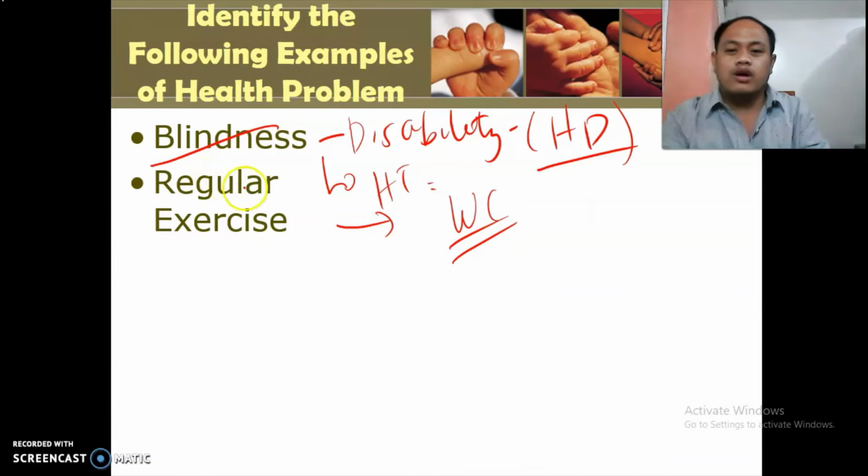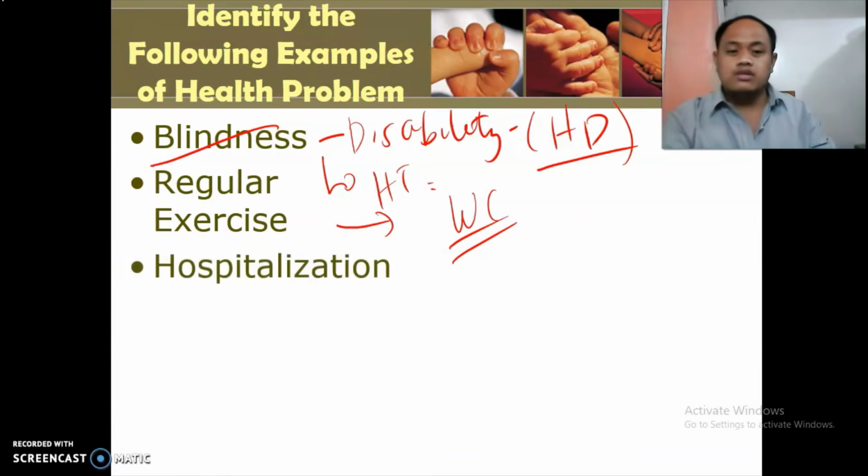Okay, because regular exercise is actually a good practice to maintain a person's optimum level of functioning. And this is one way of managing their health, because if you do exercise, it has a lot of good benefits, such as reducing the cholesterol level, and of course, reducing the fat as well, and of course, making the body active, okay, through a constant movement.